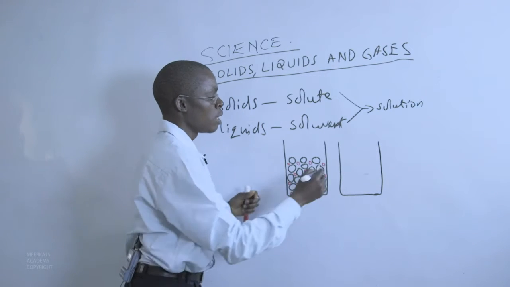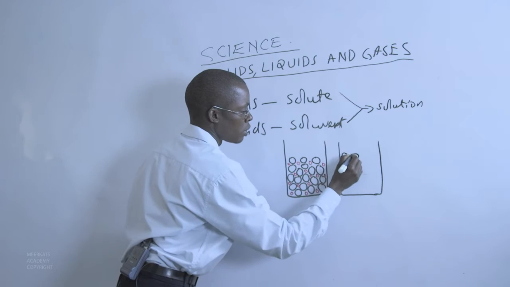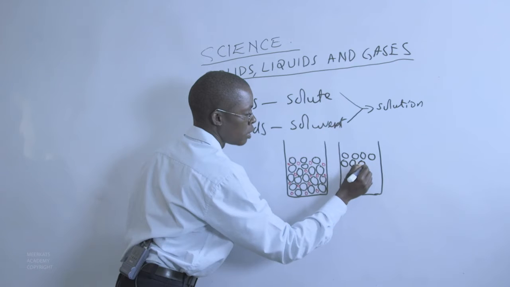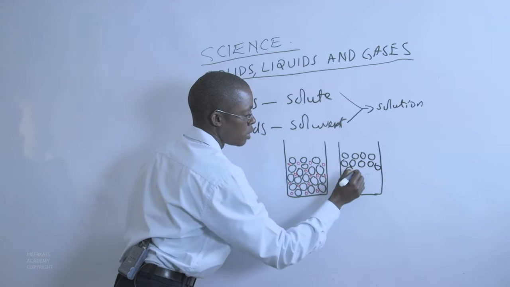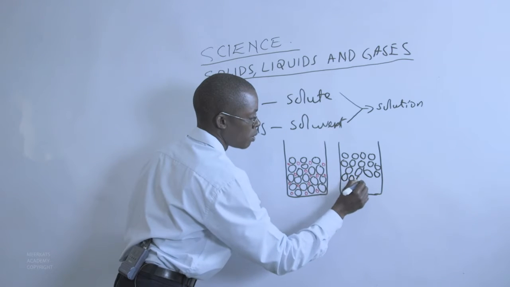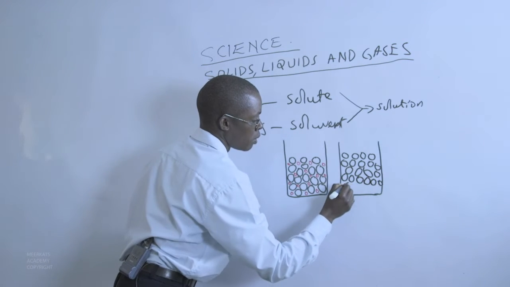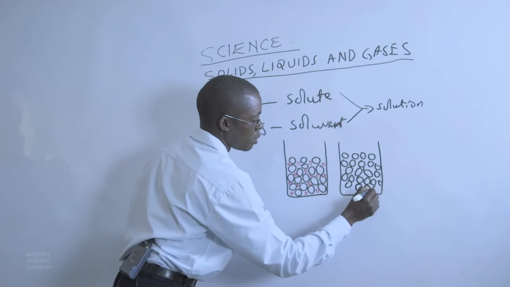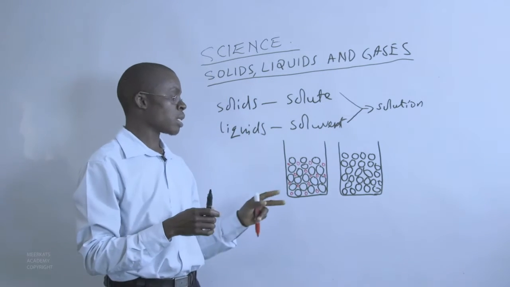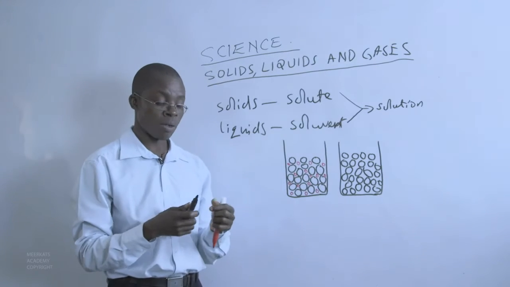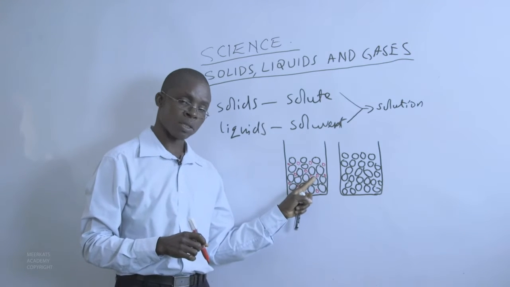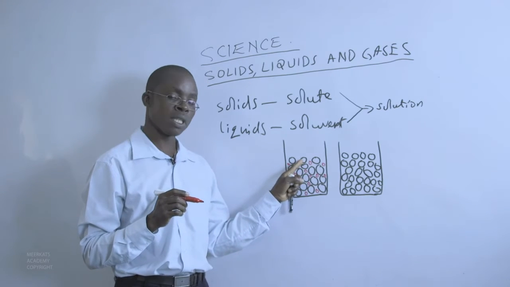After this, we move to the second step, where we have the solvent molecules, but now in this second and final step, the solute is in red and the solvent is in black.